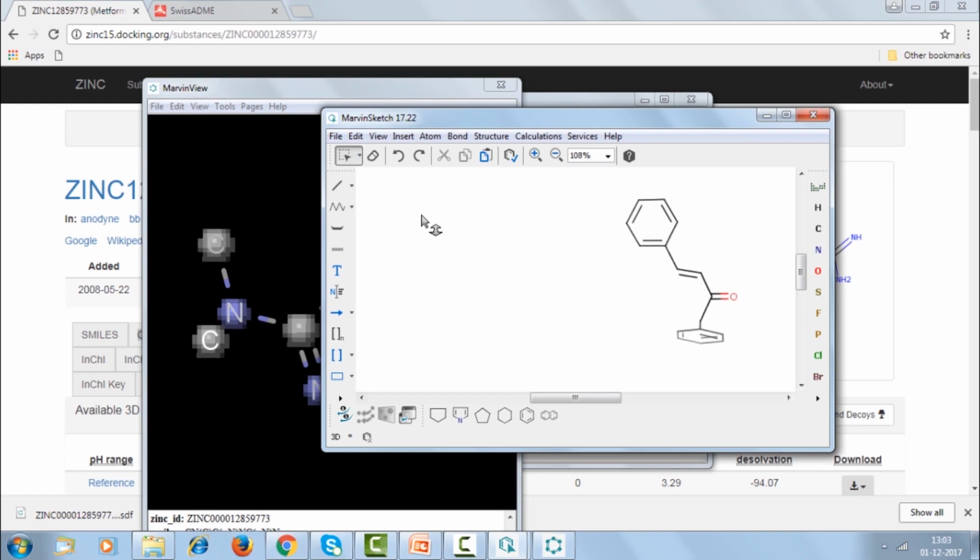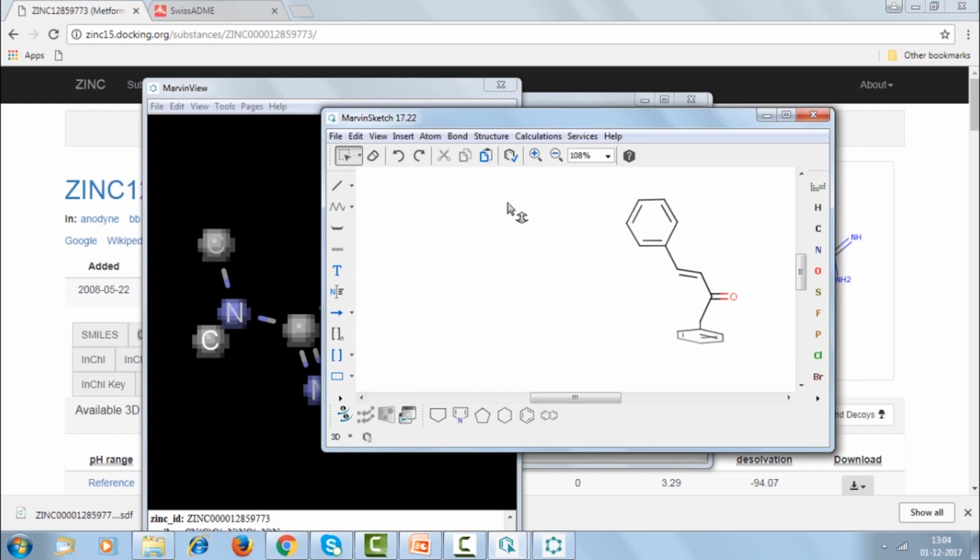So getting 3-dimensional conformations and minimum energy conformations is quite simple using freewares like I showed you. I would like you to explore Marvin further in your room, in your office, and you can get more information using this.